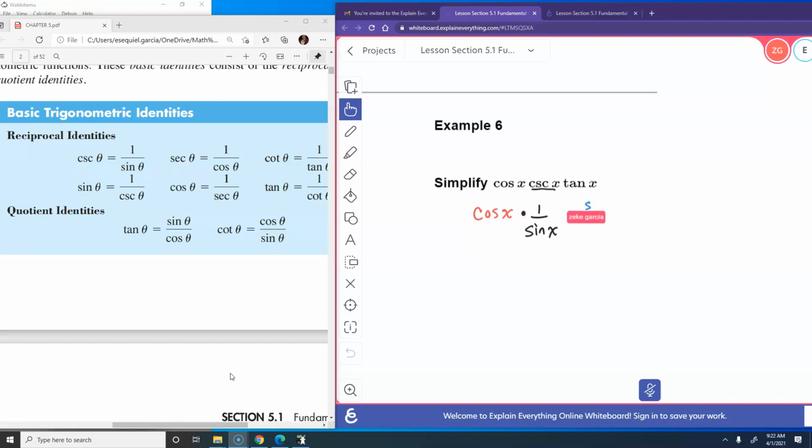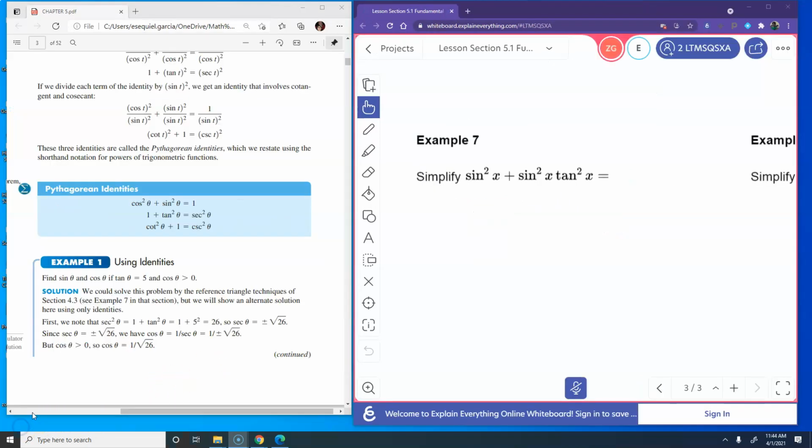Tangent x is the same thing as saying sine of x over cosine of x. So now you know that sine of x divided by sine of x is 1. Cosine of x divided by cosine of x is 1. So this becomes 1.